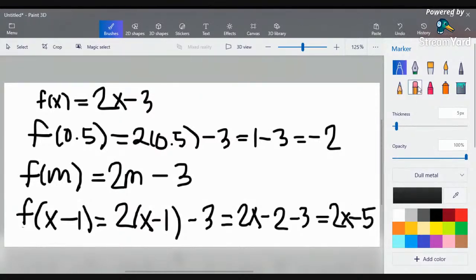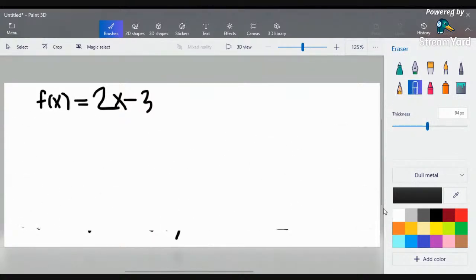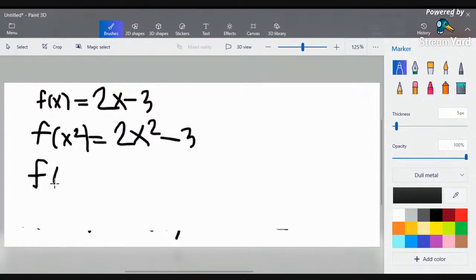Okay, let's continue with the next given. That is f of x squared. So we have 2, and instead of x, we just put x squared, minus 3. And the last one, f of x squared minus 1.